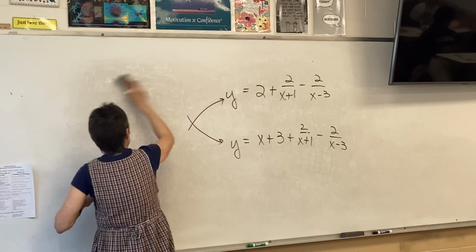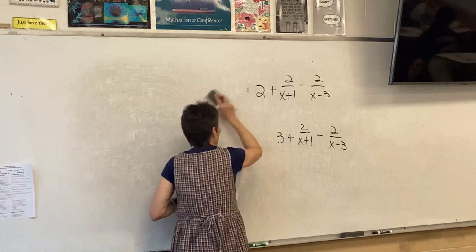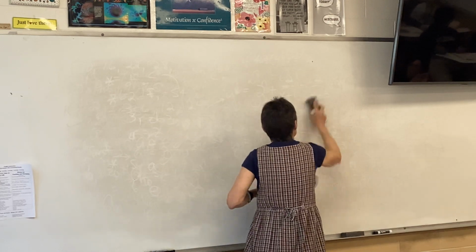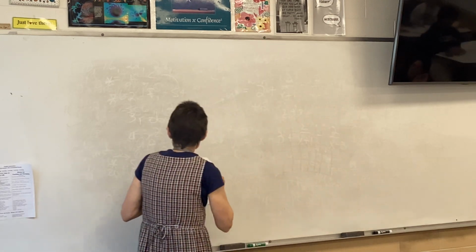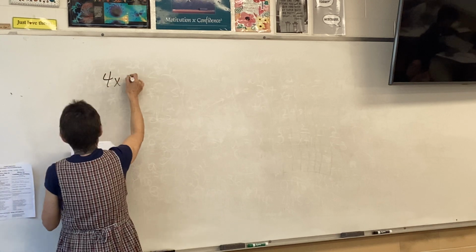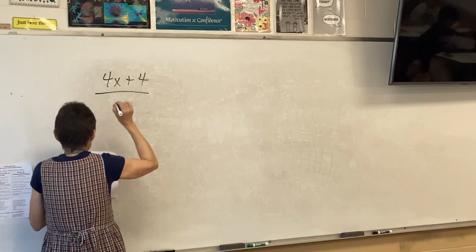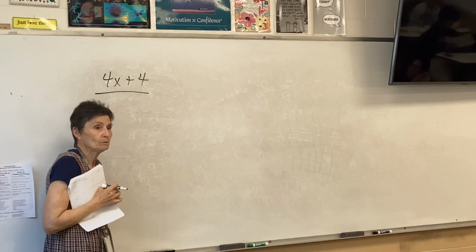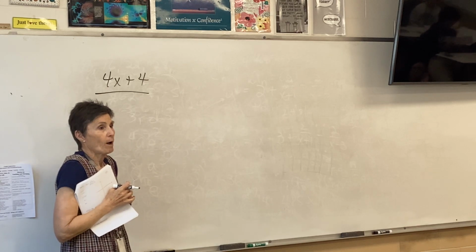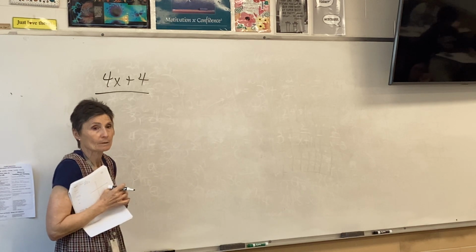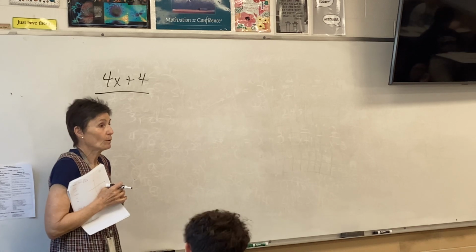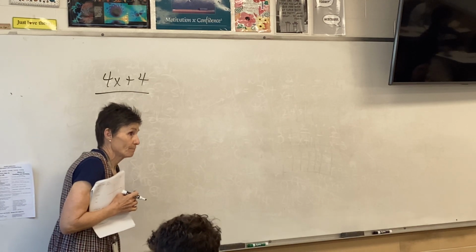Alright, so let's take a look, one more partial fraction. Can anybody remember from yesterday? I think it was yesterday. How do we do this problem? What do I have to do first?